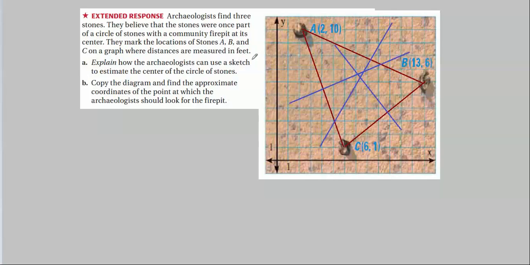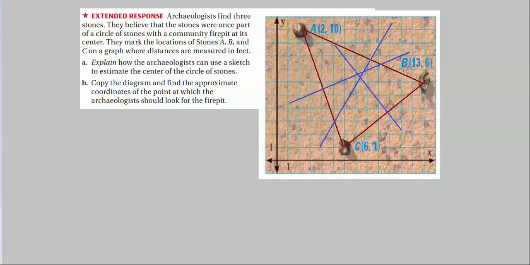So, the next thing you would do, I think, draw in your perpendicular bisectors. Now, I eyeballed them.